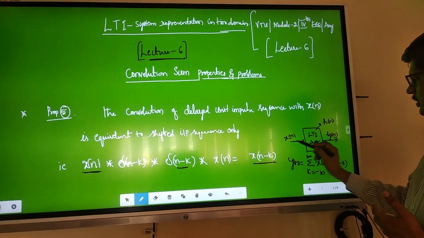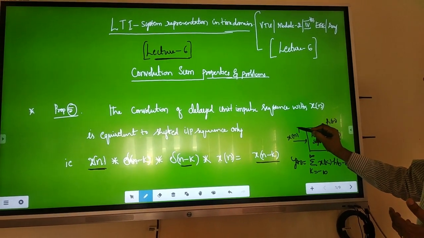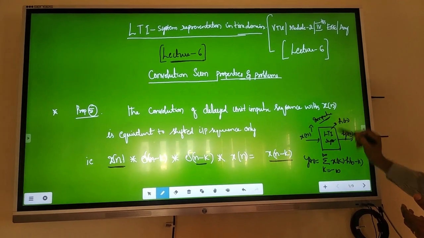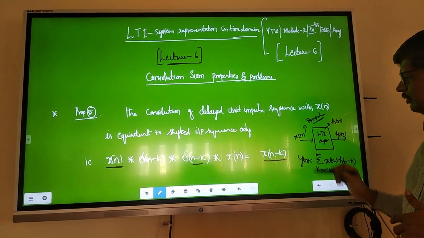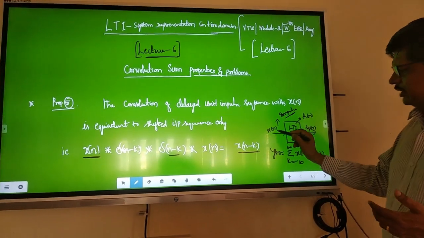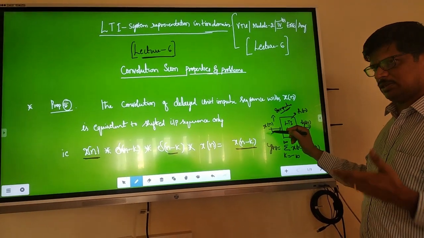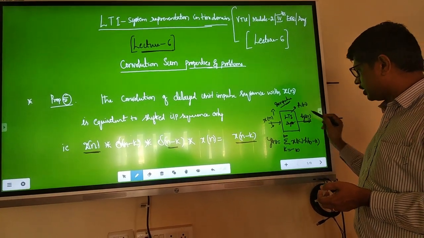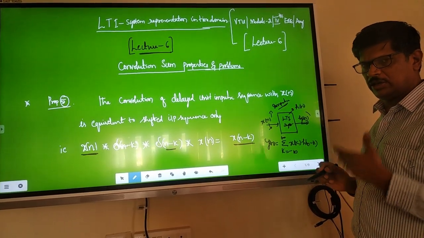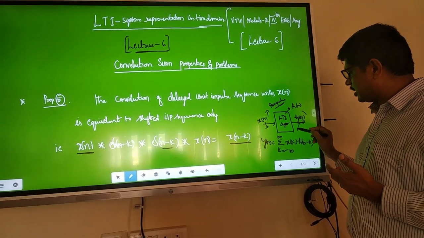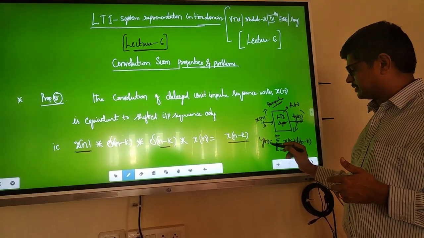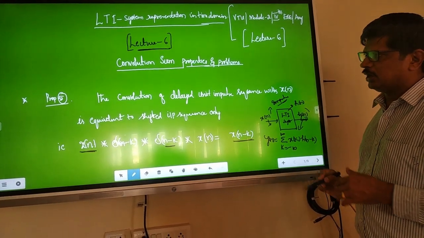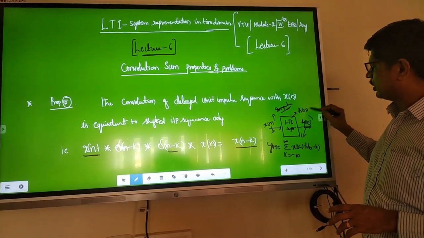We derived how x of n is written in terms of shifted impulses, and also that the output of any LTI system can be expressed in shifted impulse form only. That we have seen, and we have solved problems also.